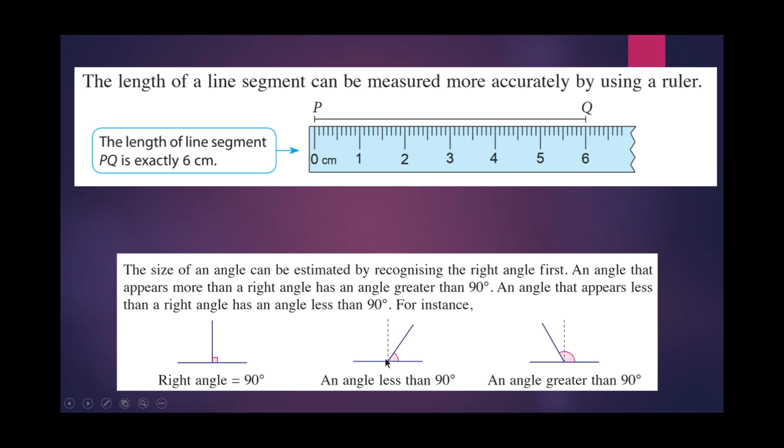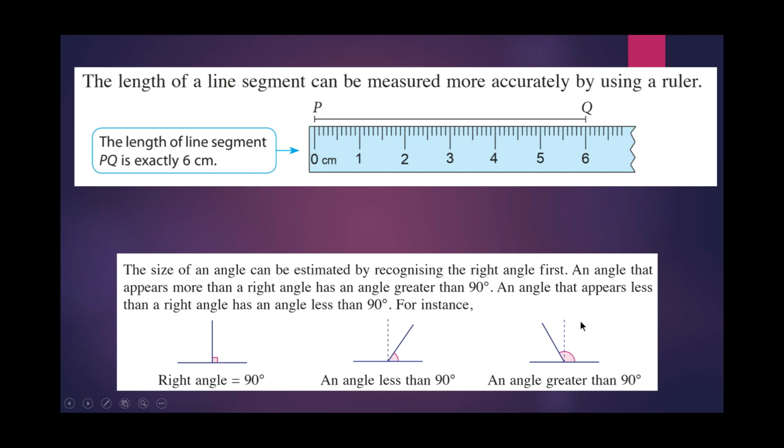So this will be angle that is less than 90 degree. When you have an angle like this, which means it is more than 90 degree here, the straight line, so you will know that the angle is greater than 90 degree. So that is the estimation, by using estimation to find out the angle.